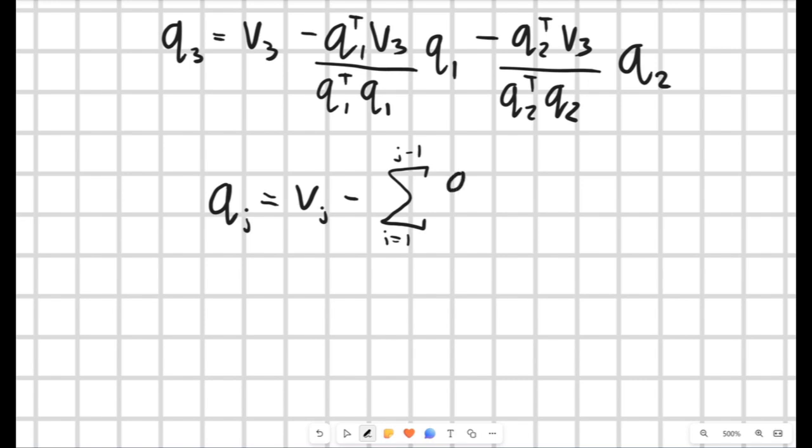So we're going to have a Qi transposed, because you can see this increases. I'm just wrapping all this into a single summation, multiplied by Vj, so you can see that Vj is consistent, and then divided by Qi transposed Qi, again multiplied by Qi on the end. And that completes the algorithm, essentially.